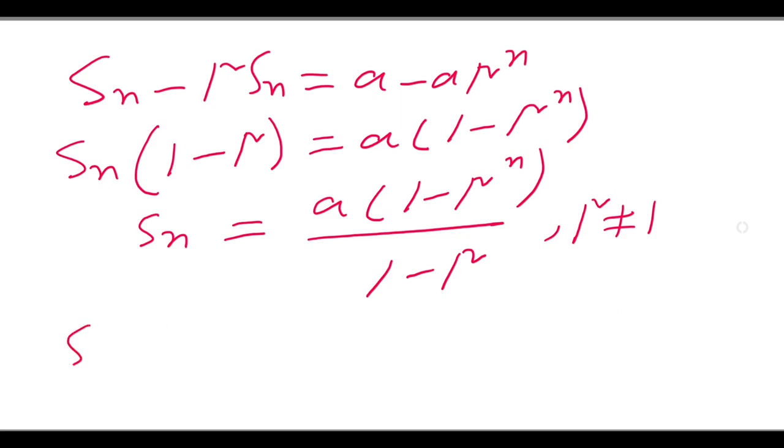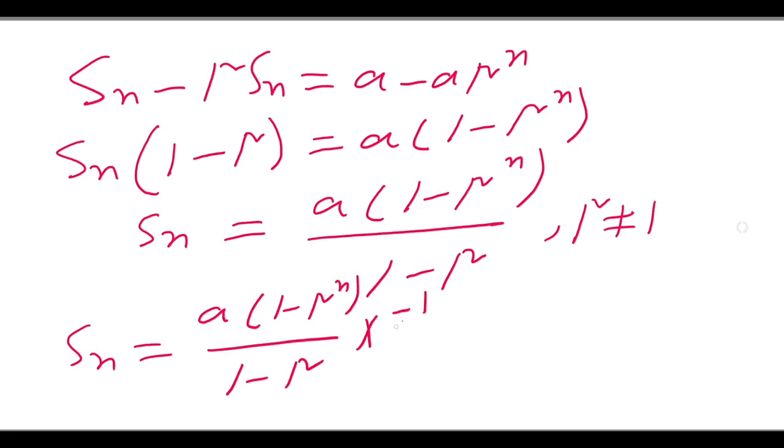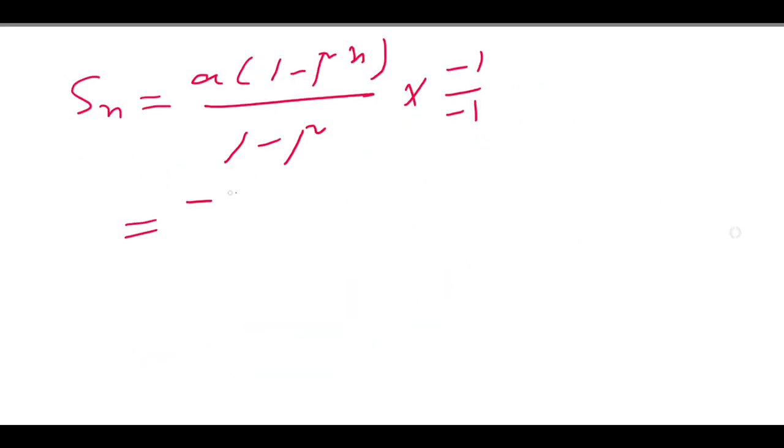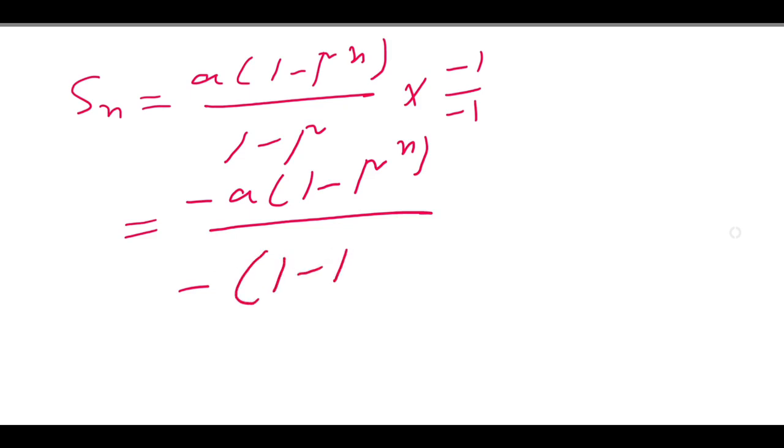So if I want to prove the second one, start with Sn equals A times 1 minus R power n over 1 minus R, multiply by negative 1 and divide by negative 1. That gives me negative A times 1 minus R power n over negative, outside, 1 minus R. Now I can apply the negative sign inside: this becomes negative 1, this becomes positive R power n.